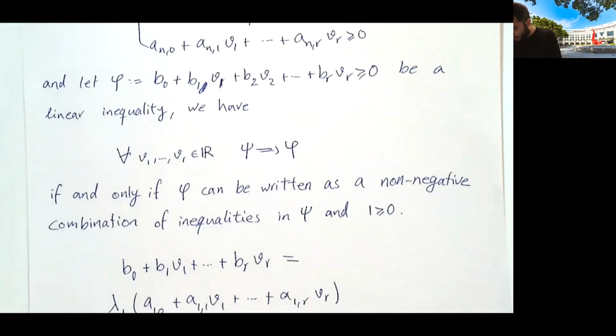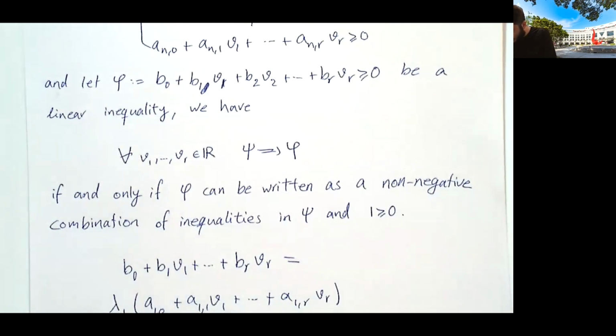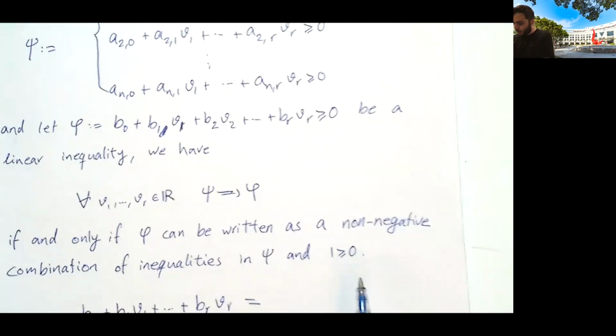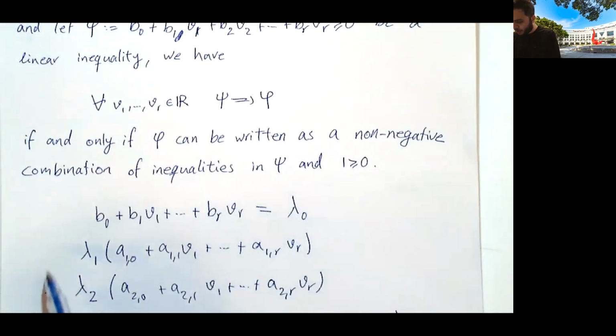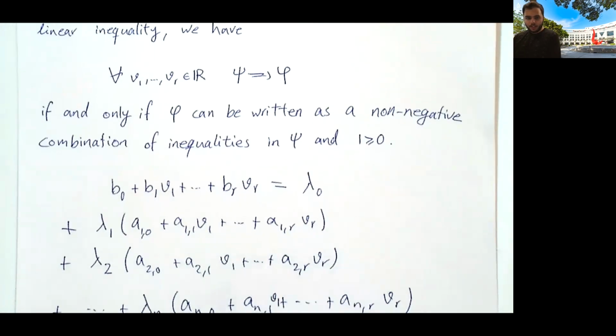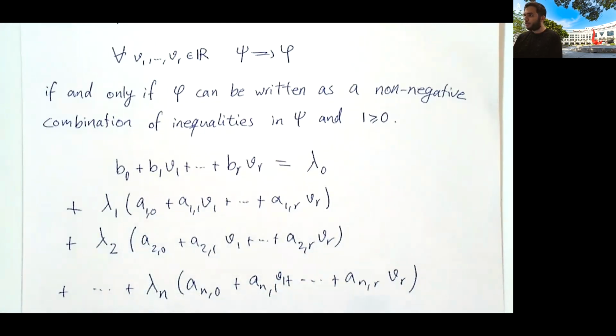And this goes on and on until we have lambda n times the last inequality, An0 plus An1 V1, so on to Anr Vr. Okay, and also we wanted to have some multiple of this trivial inequality, so I'm going to just add some lambda 0 here. So lambda 0 plus lambda 1 times this, plus lambda 2 times this one, so on to lambda n times this. Okay.